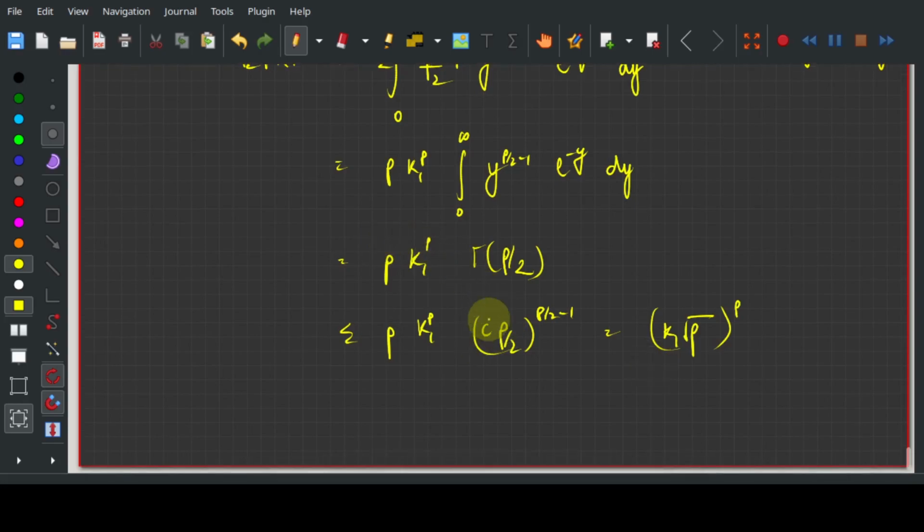So this universal constant takes care of all of those things. It can be any constant factor. That is exactly why I said I'm not going to be concerned about how large the constant factors are. They're at most going to be like 10 or 15 or something, not more than that. So this is some constant times k1 times root p whole raised to the p. Okay, and this is true for any p greater than or equal to 1.